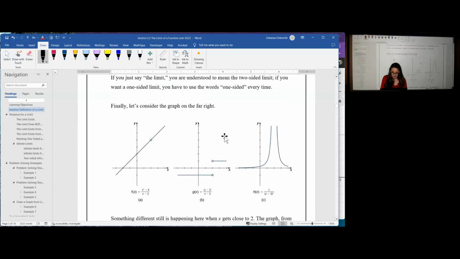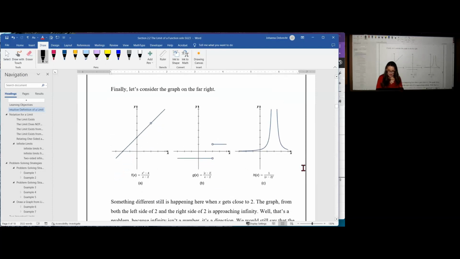Now what we want to do is consider the graph on the far right. This is the graph of 1 over quantity x minus 2 squared. When we look at the graph and we put our finger on the graph and we approach from the right side and we get closer values of x to 2, the y value seems to increase without bound.